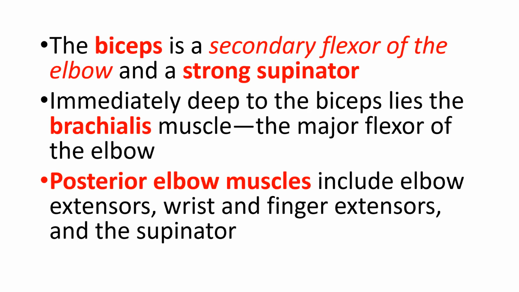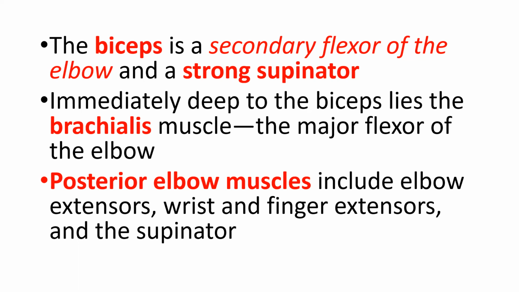It's common sense: it inserts on the bicipital tuberosity, it's a strong flexor, and as it flexes, it supinates the forearm. Immediately deep to the biceps lies the brachialis muscle, the major flexor of the elbow, and this inserts on the anterior aspect of the ulna.